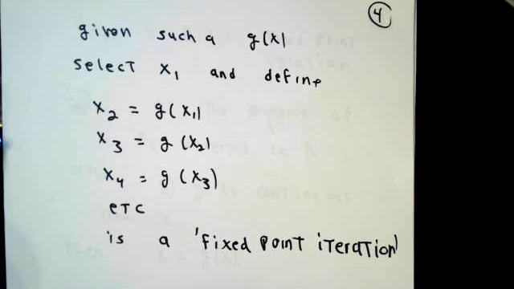So x number 2 is going to be g evaluated at x1, x3 is going to be g evaluated at x2, x4 is going to be g evaluated at x3, and so on and so forth. Since everybody has had calculus 2, you'll recognize that we're generating a sequence here, and sequences may converge or they may diverge.